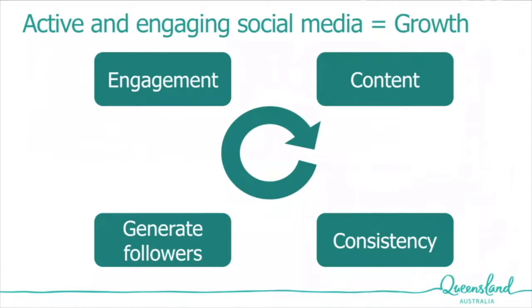So how do you get that kind of engagement? There's 2 main things that you need to do. One is to have really relevant, great content that your audience likes and enjoys. And the other thing is to be really consistent. And when we say consistent, we mean that you're going to post a consistent number of times a week, and you're going to have consistent themes in what you post.